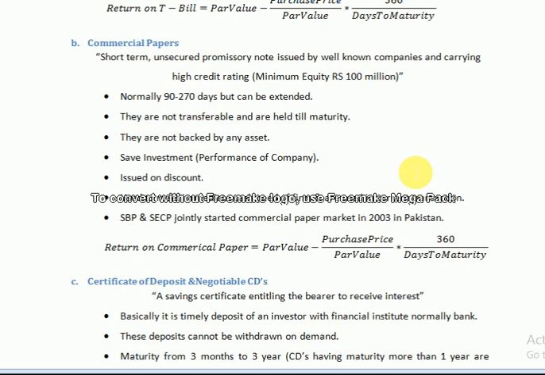Rarely does it reach the maximum. The proceeds, dear students, from this type of financing can only be used on current assets or inventories, and are not allowed to be used on fixed assets such as new plants without the Securities and Exchange Commission's involvement. This means the funds generated from commercial papers must be used within working capital, not in capital budgets.